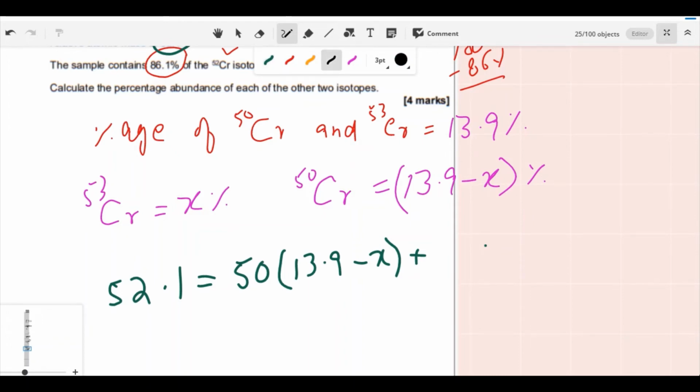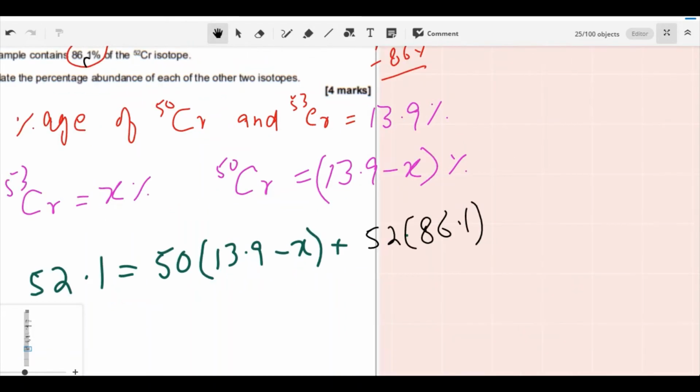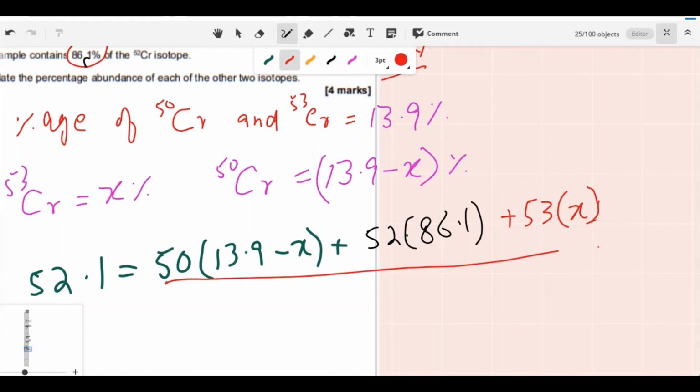So 52 times 86.1. While chromium 53 will be 53 times x, because we already supposed that it equals x. Okay, so that is a percentage, so it means divided by 100.